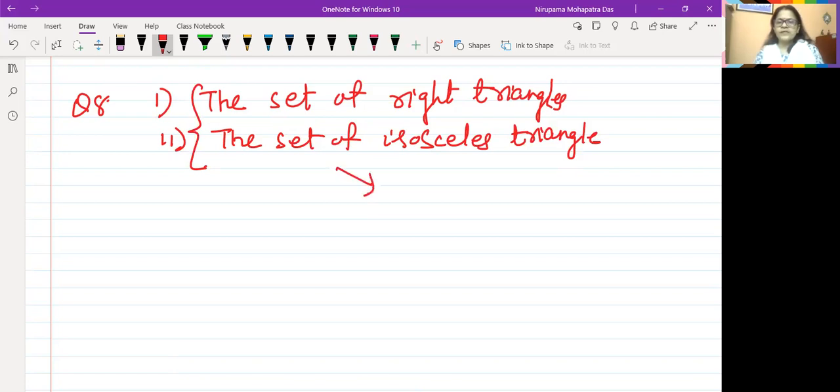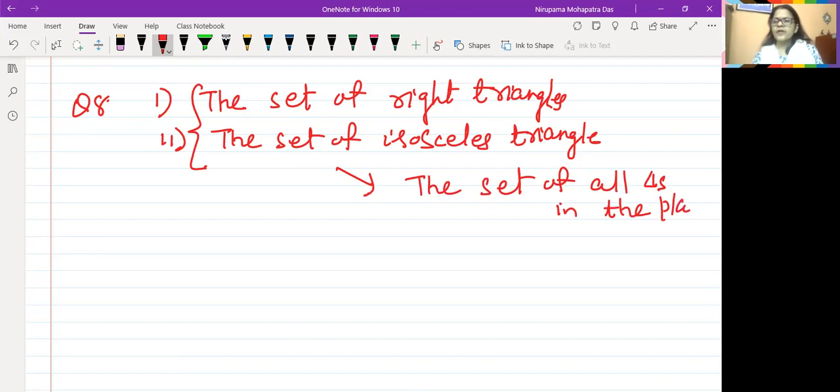So here you can say the universal set should be the set of all triangles in the plane. The set of all triangles contains the set of right triangles and the set of isosceles triangles also. So we can propose the universal set like this.